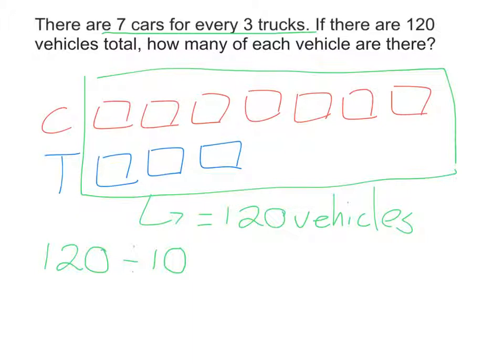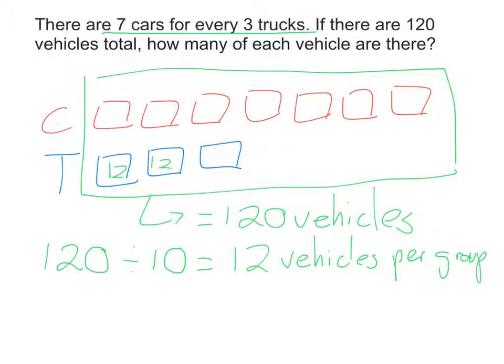There's 10 groups, so 120 divided by 10 gives us 12 vehicles in each group. You could call these boxes, or pieces of tape because they're a tape diagram, or groups. So 12 per group. Each one of these has 12 in it.